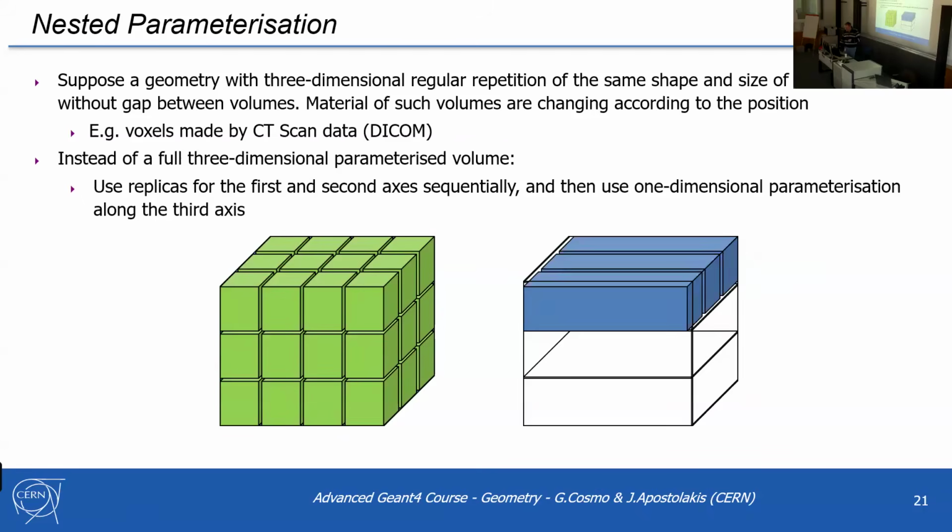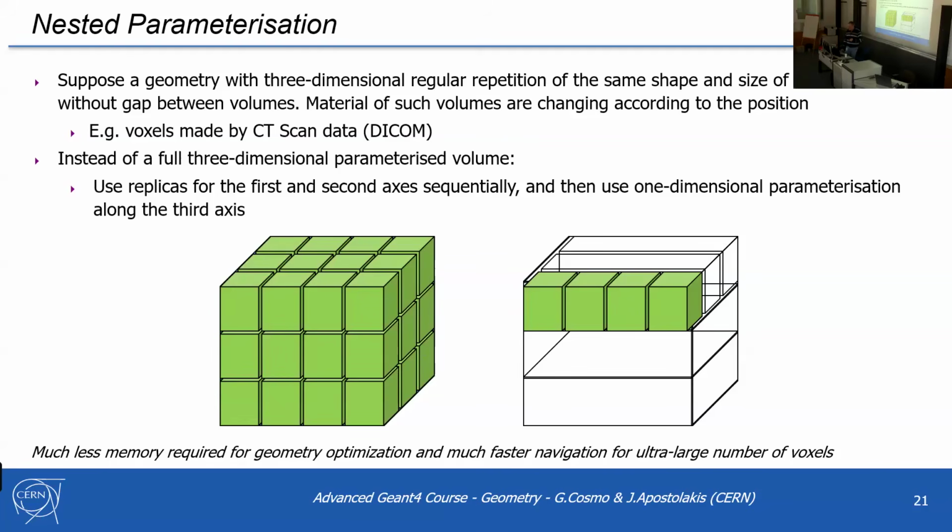And in the third axis at this point, you create a parameterization that fills up the layer. Okay. So the advantage of having this is that you will have much less memory required for the geometry optimization, and you have much faster navigation for very large number of voxels. Okay. So you have 2 levels of replicas, and then the last level is a parameterization.